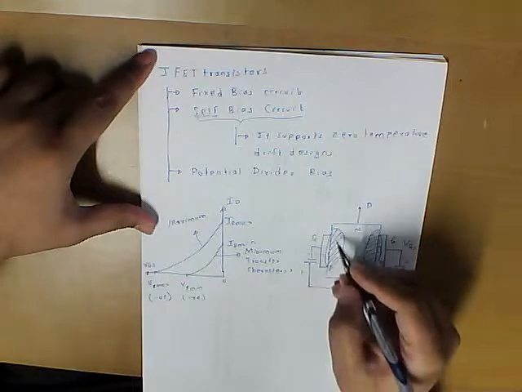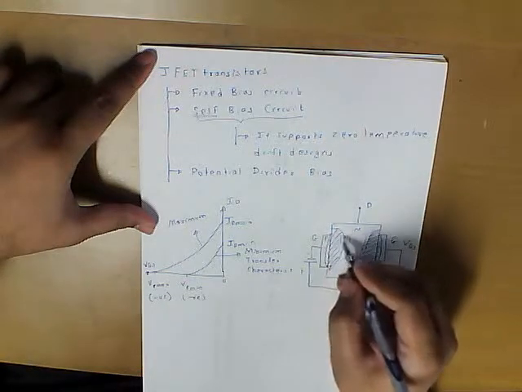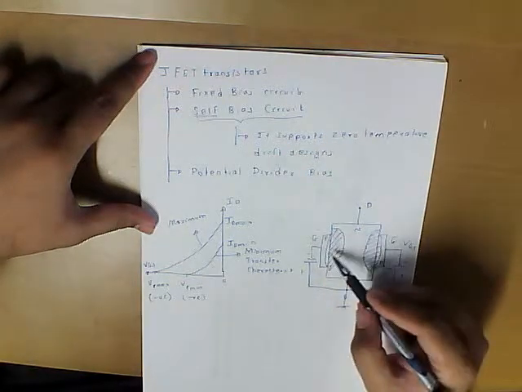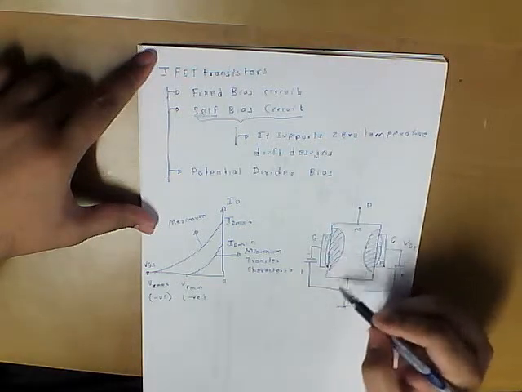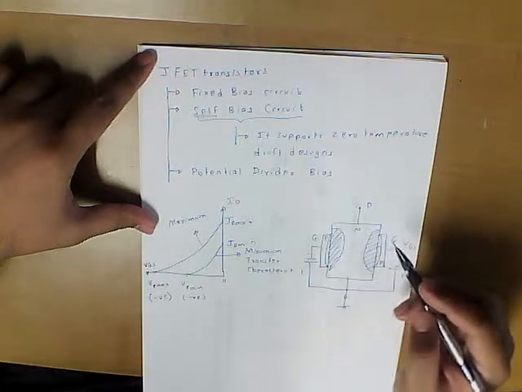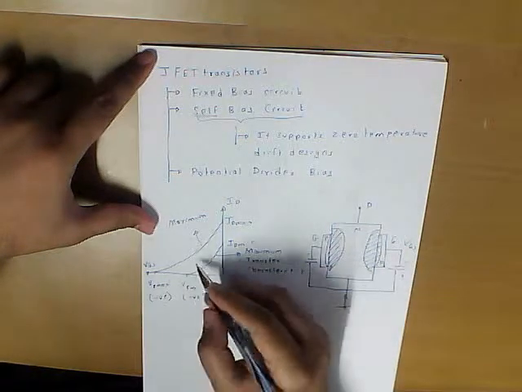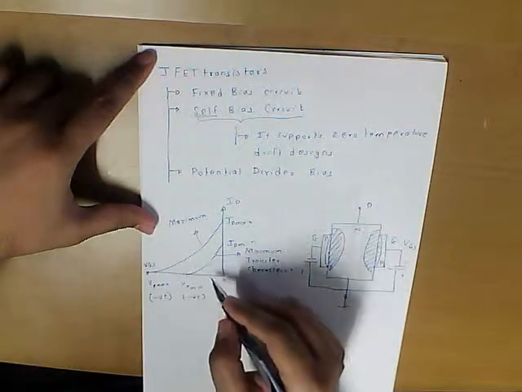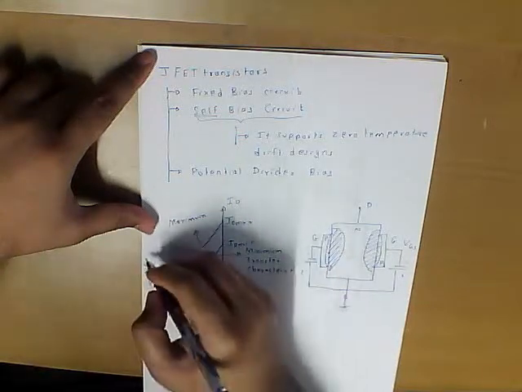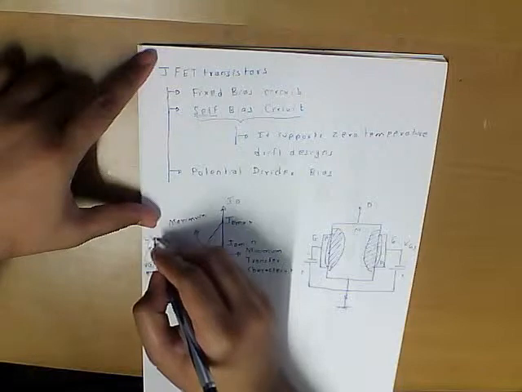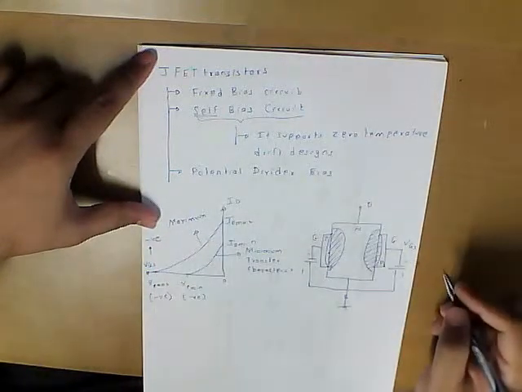If we forward bias this diode, then the problem is that the current will start flowing through this PN junction, and the gating action is lost. That is why this value of VGS, the controlling voltage, always has to be negative. So VGS is always negative.